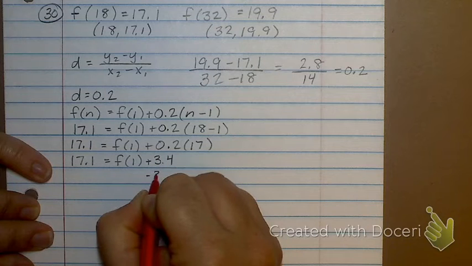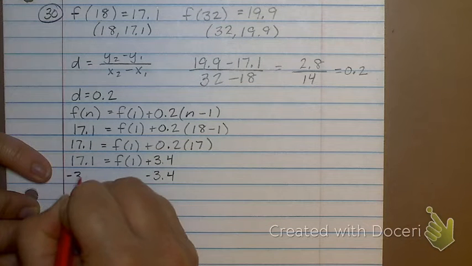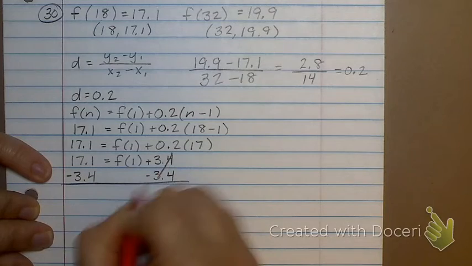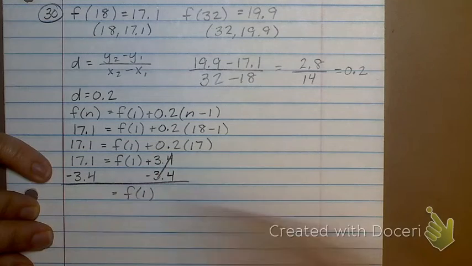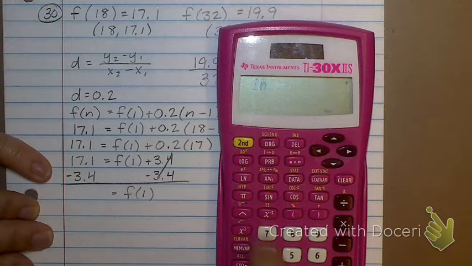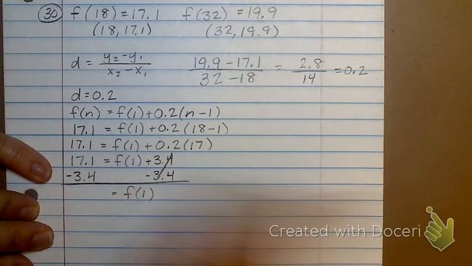So I subtract 3.4, and I have f of 1 equals 17.1 minus 3.4, 13.7.